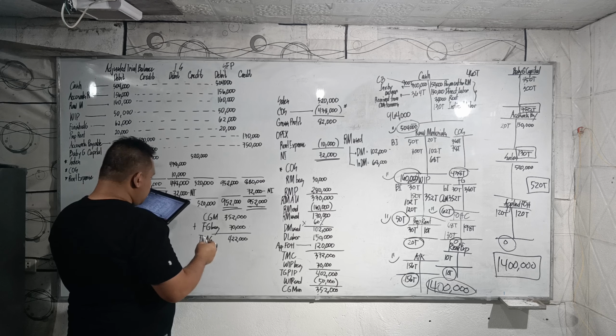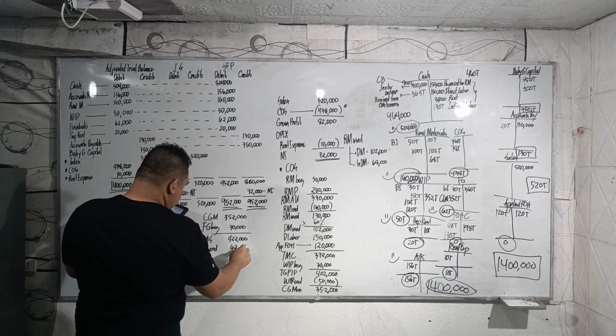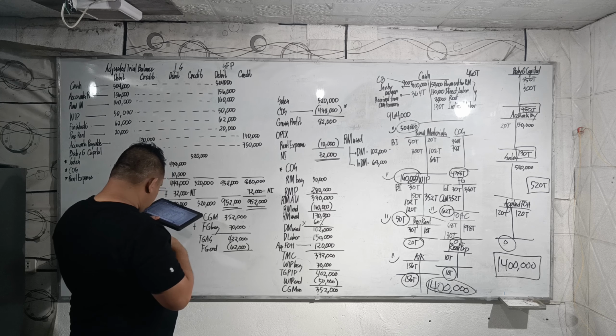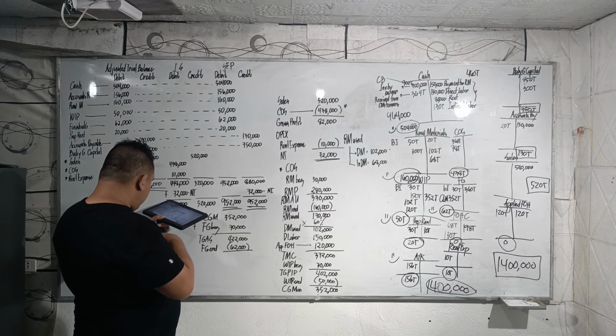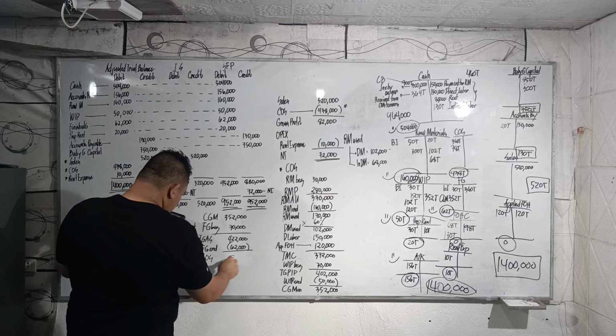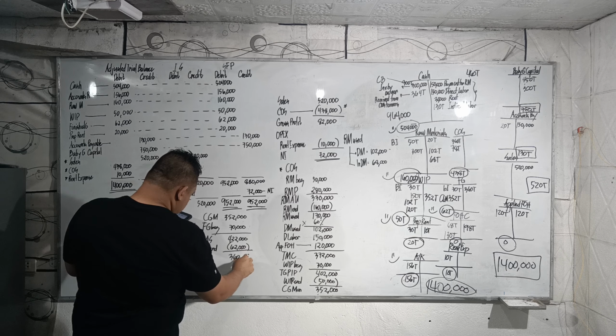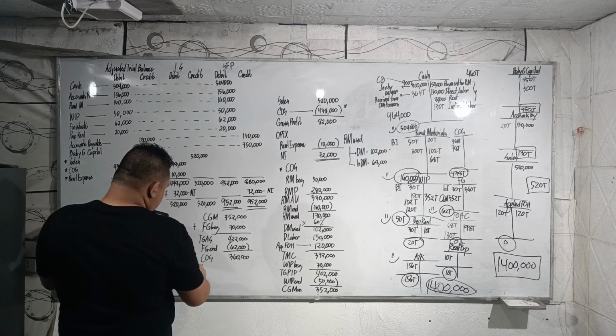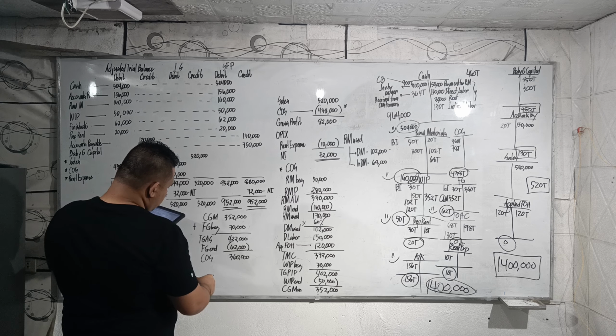According to here, the finished goods ending is 62. So of the 422, everything was sold except the 62. So the cost of sales is supposedly 360. Okay? I guess it's 360.